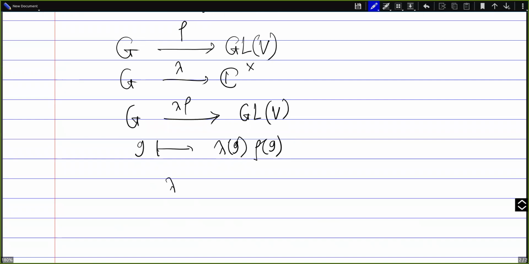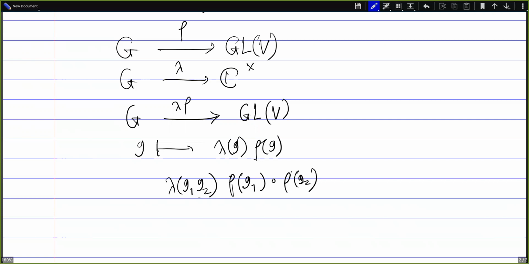It's easy to see that, because lambda(g1 g2) times rho(g1 g2), since lambda being a one-dimensional representation is a homomorphism, so lambda(g1 g2) will be lambda(g1) times lambda(g2), so you can push lambda(g2) inside.